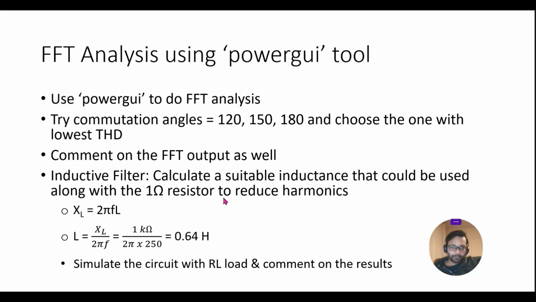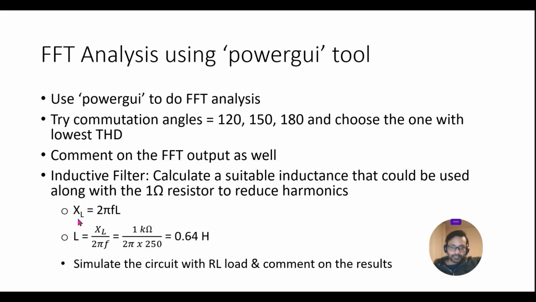Another thing which we can include in the circuit to further improve the waveform, to make the output smoother, is add an inductance. So we can calculate the suitable inductance using these two formulas.